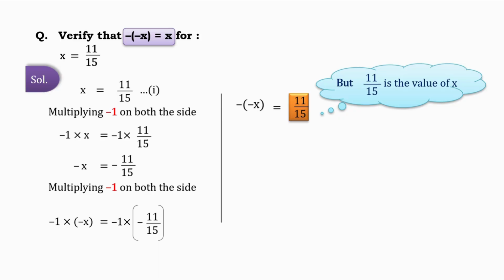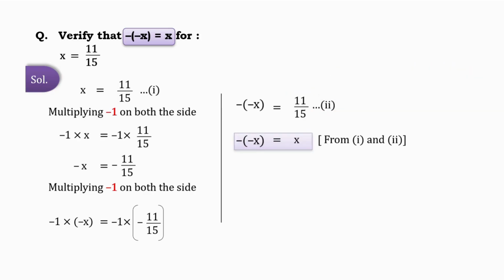So what we got is 11 by 15. So that is the value of x only. So now from equation 1 and 2 we got that minus of minus x equal to x. Hence proved.